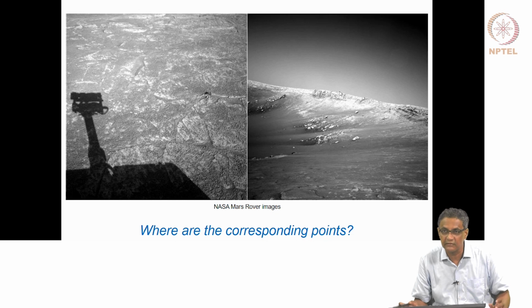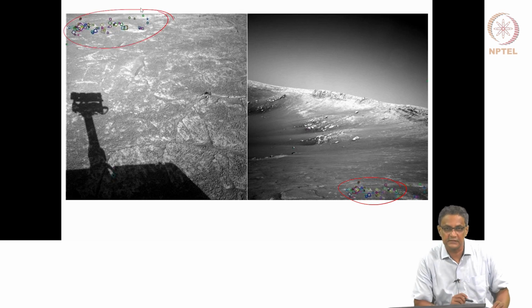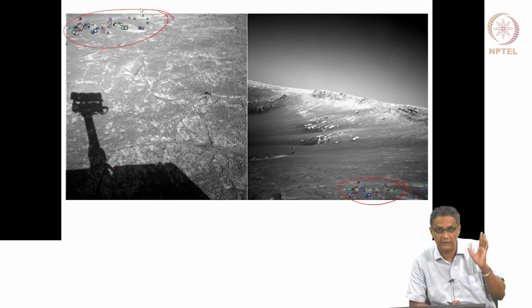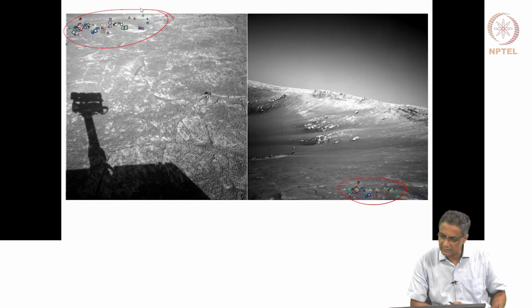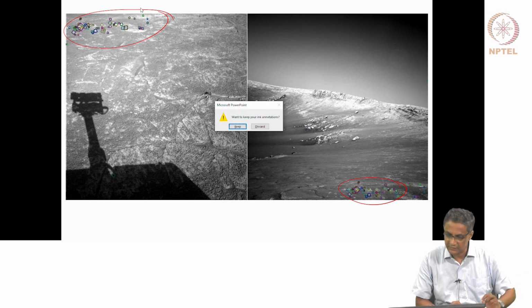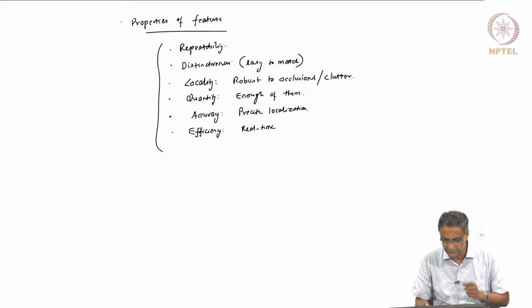It looks like these are two completely different scenes, but that's not the case. Apparently, this bunch of points and this bunch of points are actually the same. Visually, when you see it the first time, it looks like a different terrain altogether. So you can see that there are so many situations where you need features of this kind, which will help you do these kinds of tasks.